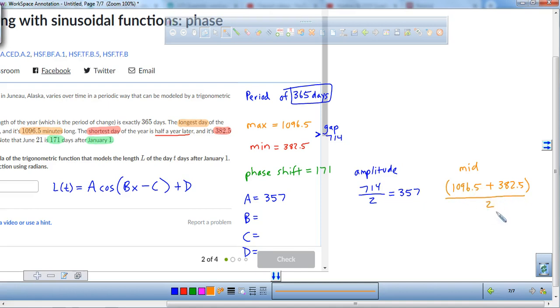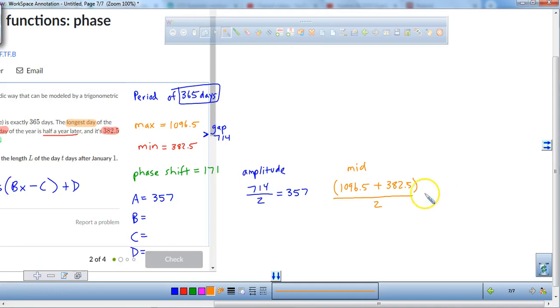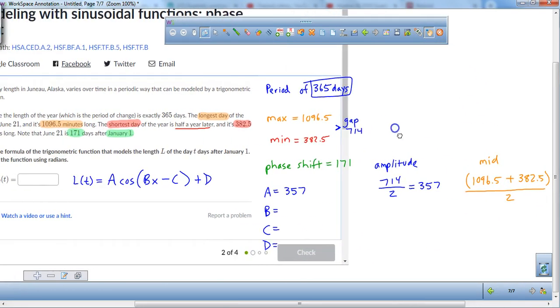When you add these together, you get 1,479, and when you divide that by 2, you get 739.5. So right over here, I'm going to write 739.5. So now we're almost done.